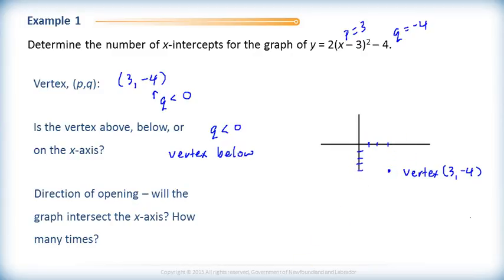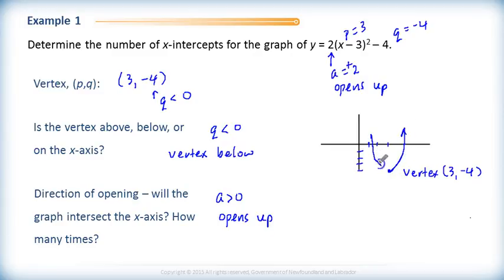Let's see what our direction of opening is. Well, we have an a value equal to 2. So the graph opens up, because that a value is positive. So a is positive, therefore our graph opens up, and our vertex is below the x-axis.